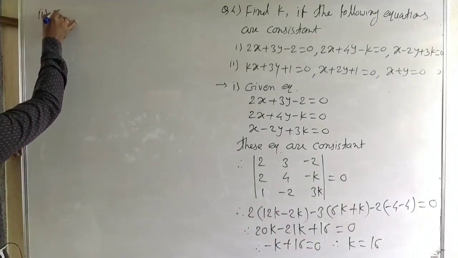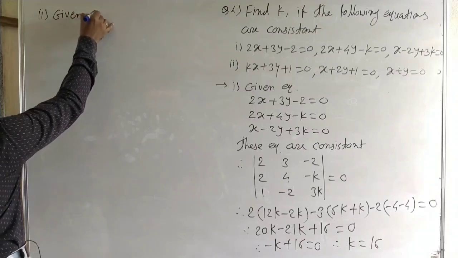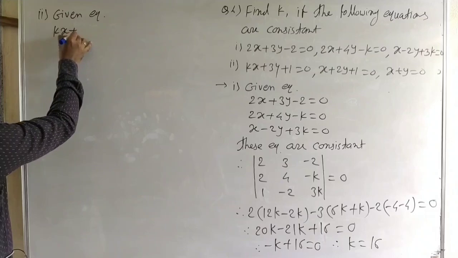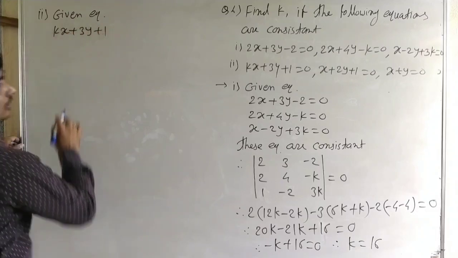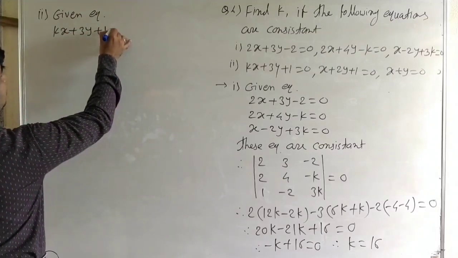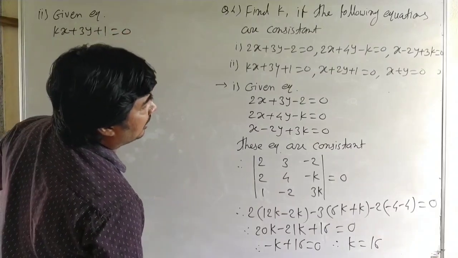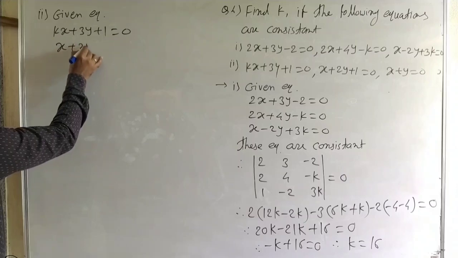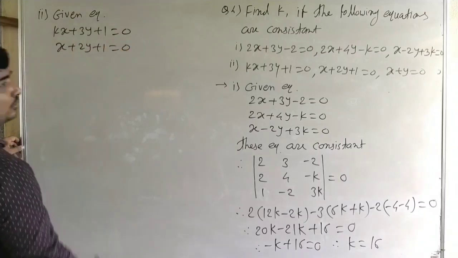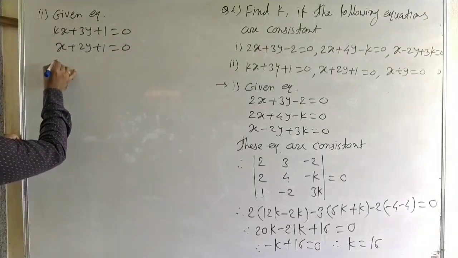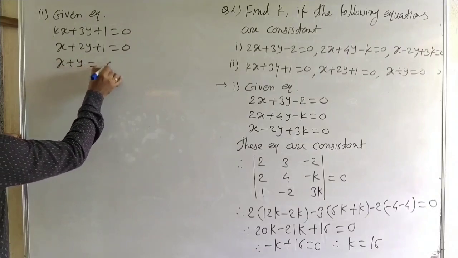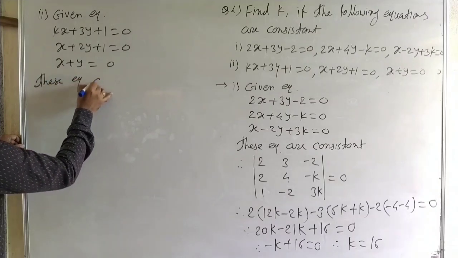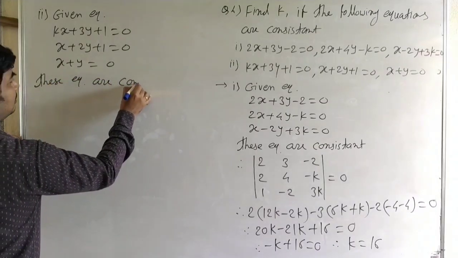In the second example, the given equations are: kx plus 3y plus 1 is equal to 0; second, x plus 2y plus 1 is equal to 0; and third, x plus y is equal to 0. Okay, here these equations are consistent.